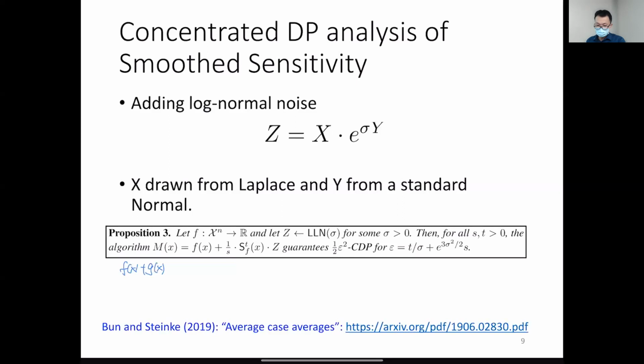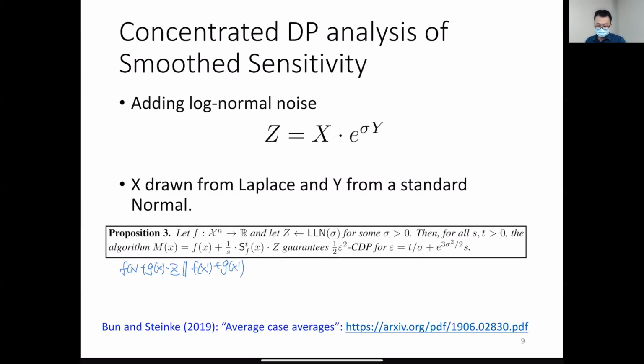So this is some multiplier to this noise Z. So this is the algorithm on the dataset X, right? So this alternative algorithm will output f(X') plus, very importantly, the noise multiplier.